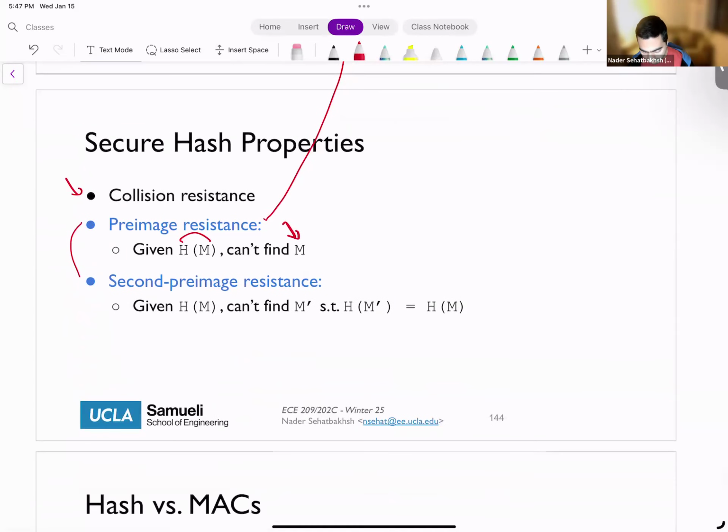And then second pre-image resistance is, if I know the hash, I cannot find another message that has the same hash. So basically, second pre-image is a kind of derivative of pre-image. Pre-image says that if I know the hash, I cannot find the exact message. Second pre-image is that not only can you not find the exact message, you cannot find any other message that has the same hash. Okay, so that's the property that we are talking about.